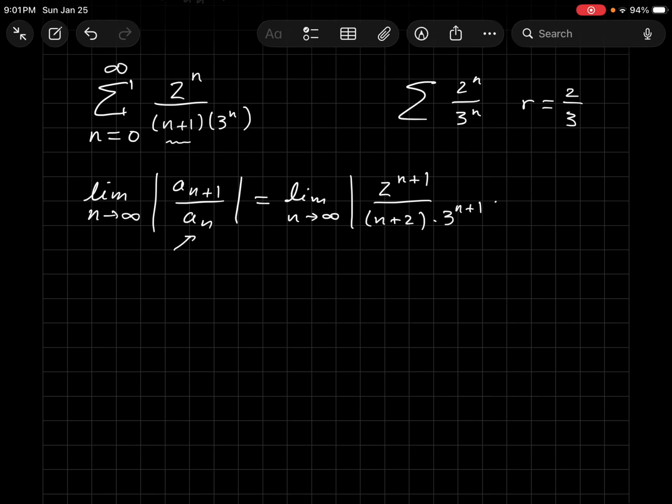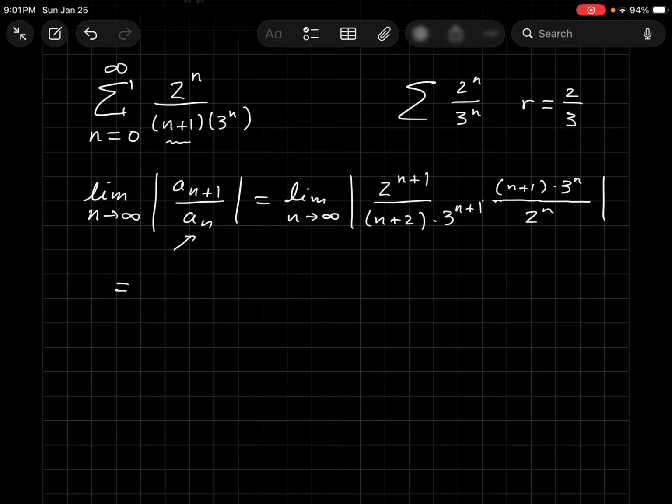Now, when you divide fractions, you can instead flip and multiply them. So dividing by a sub n is the same as multiplying by the reciprocal of a sub n, which gives us n plus 1 times 3 to the n over 2 to the n.